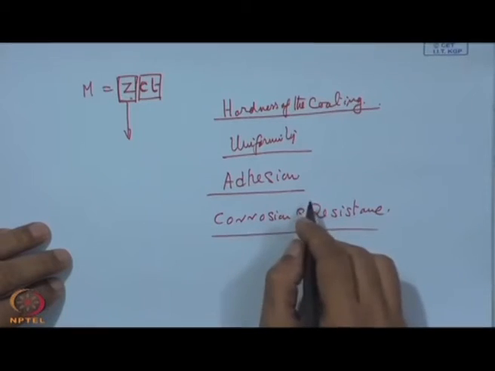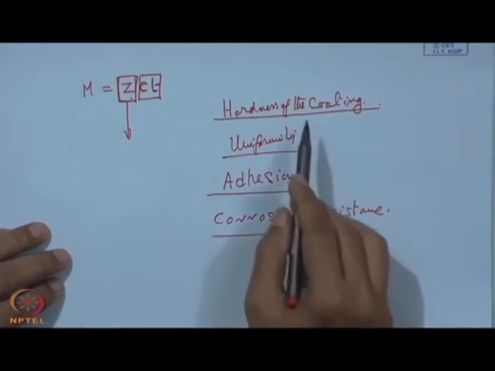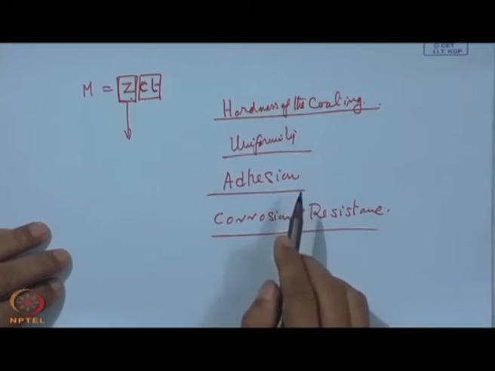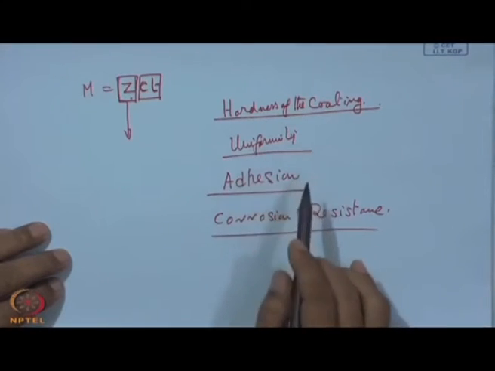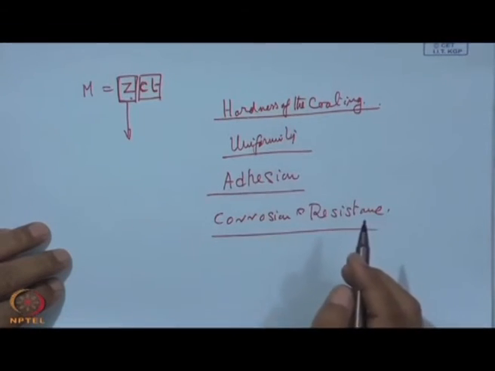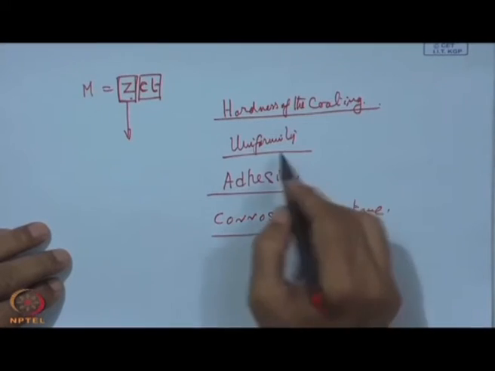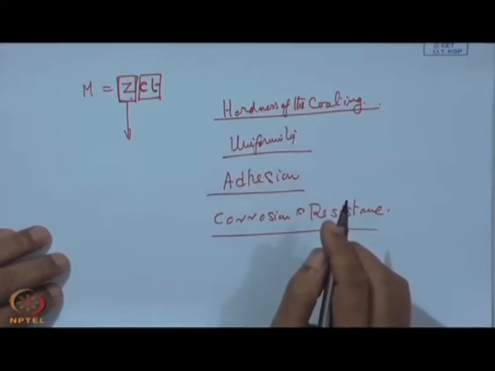So, simply one would expect these to be properly controlled. Hardness of the coating means wear resistance of the coating, corrosion resistance, and uniformity of the deposition.